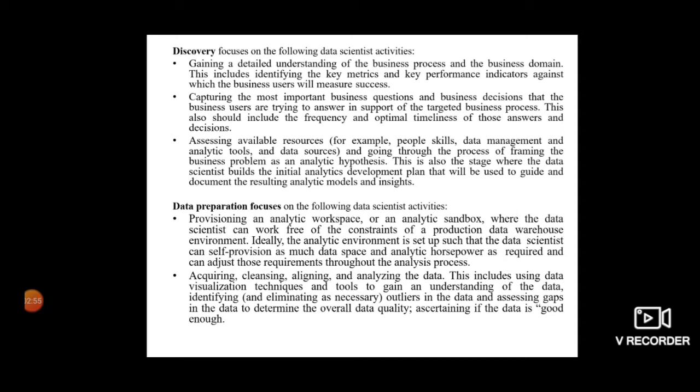Then, the data scientist has to assess available resources, for example, proper skills, data management and analytical tools, and also data sources. And he has to go through the process of framing the problem domain or the business problem as an analytic hypothesis.